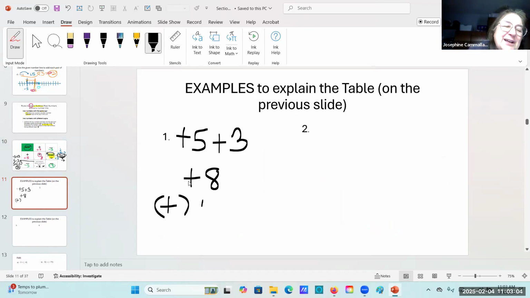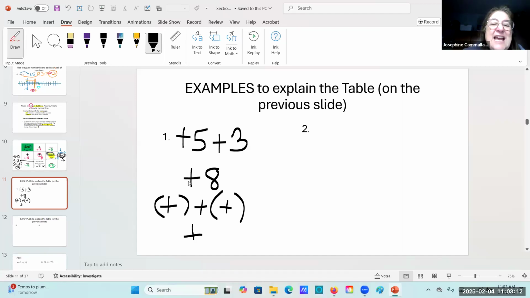Positive plus a positive is a positive. Now, this is where it gets interesting. If I have a positive 5 plus a negative 3, I'm going to get a positive 2.